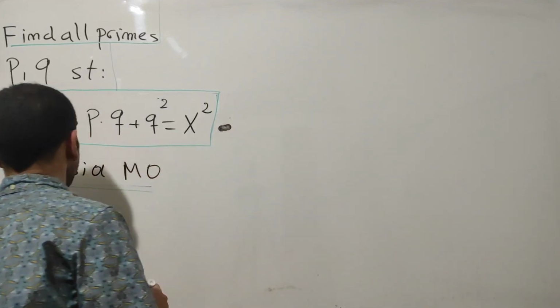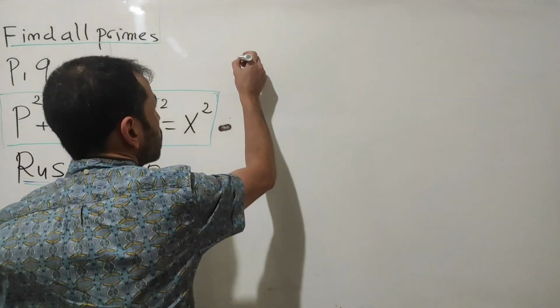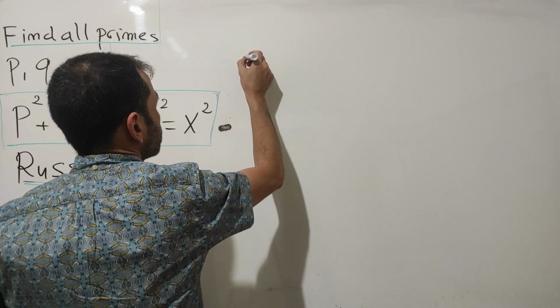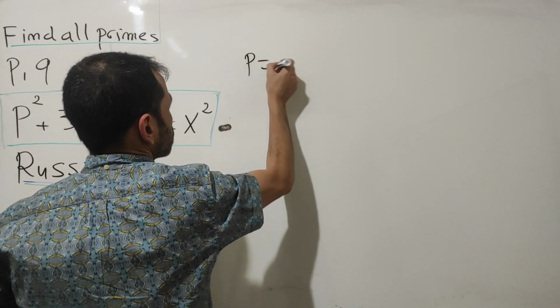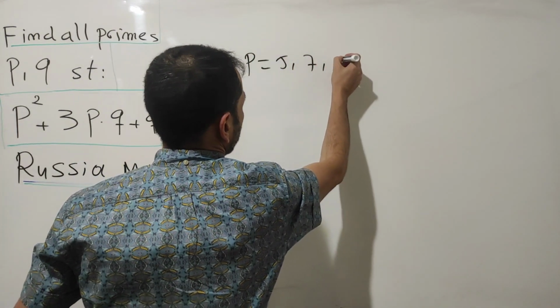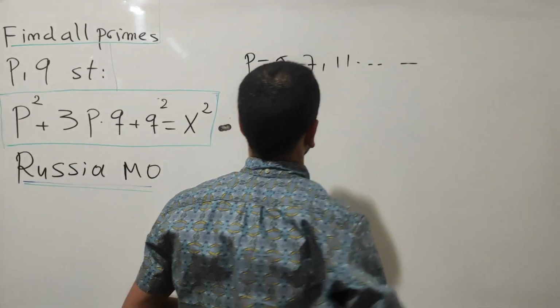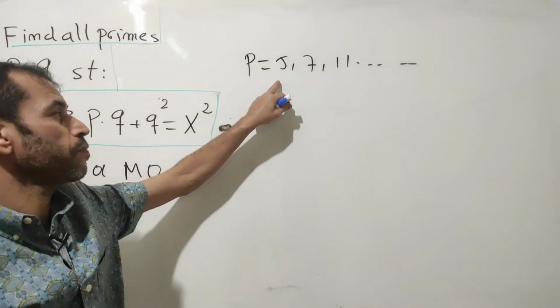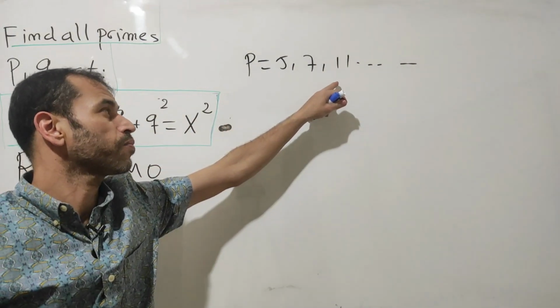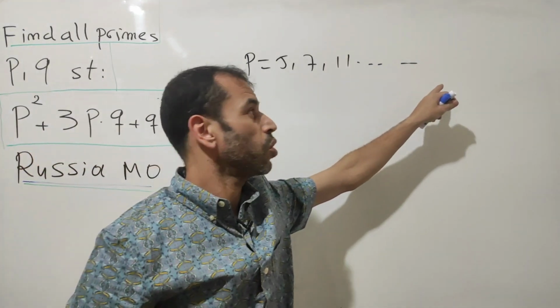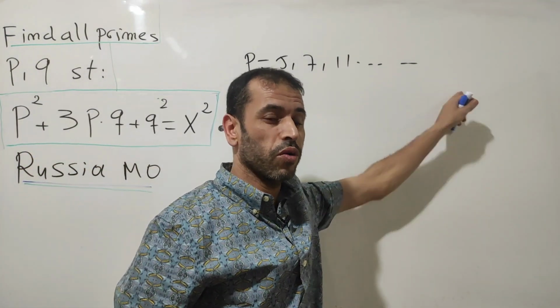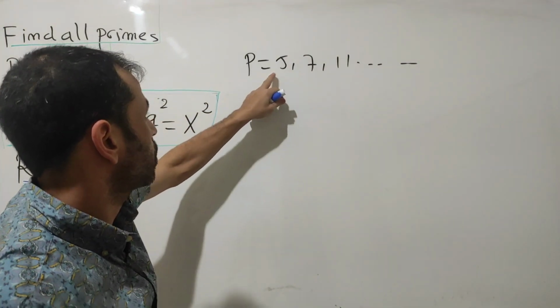So if you take a look at the prime numbers, for example p equals 5 or 7 or 11 and so on, and you square this prime and divide it by 3, you always have a remainder of 1. For example, let's square 5.